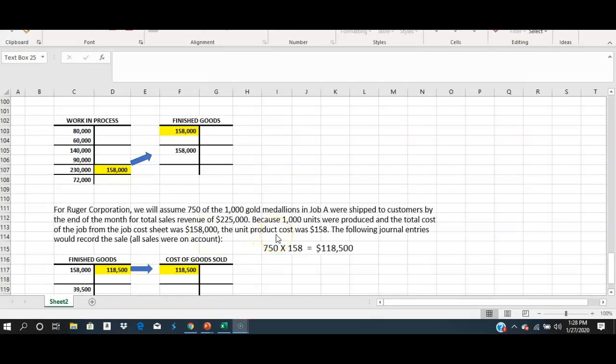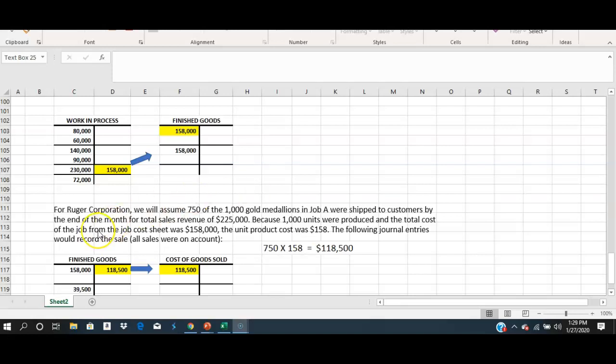Therefore, the unit product cost, or the cost per medallion, is $158. So if you think about it again, 1,000 medallions were produced at a total cost of $158,000. Therefore, the cost per medallion is $158.